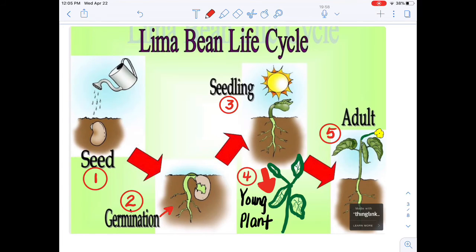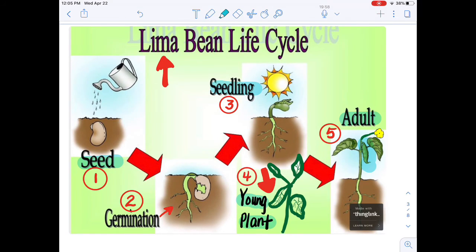Now you can use your visualization skills to draw and label your own bean life cycle, like this lima bean life cycle. We've already talked about the seed, the seedling from the picture, the young plant, and the adult plant with the bean.